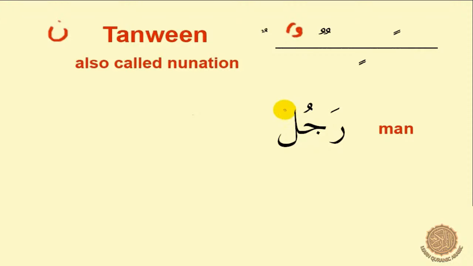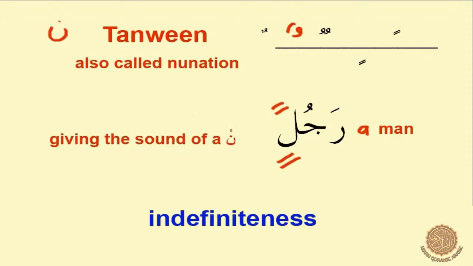Either the two Dammas, the two Fathas, or the two Kasras. So either rajulun, rajulan, or rajulin. They all indicate a man. So the main usage of Tanween is indefiniteness. So it's giving the sound of a noon with a Sukoon at the end of the word.